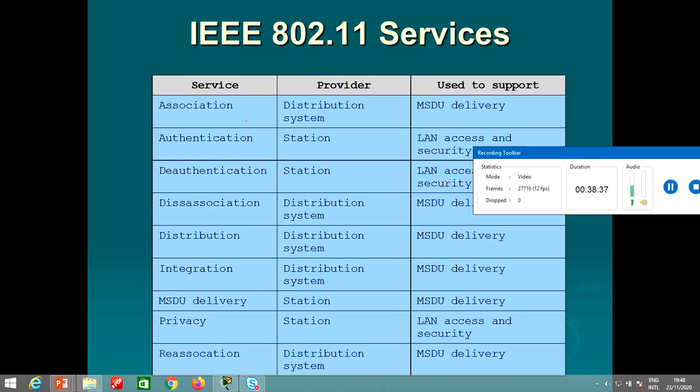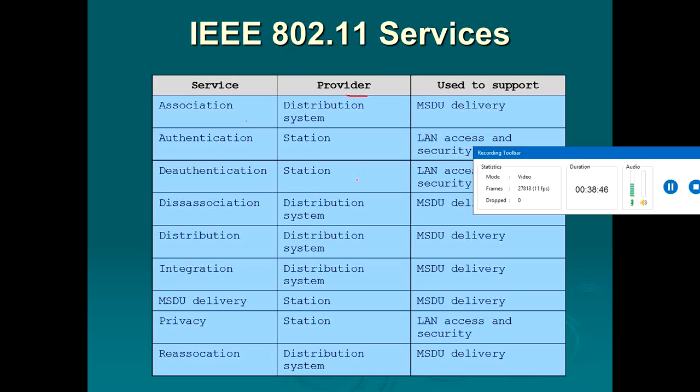Now the service provider can be either a station or a distribution system. If you see over here, who is providing? Either it's a distribution system or it's a station.